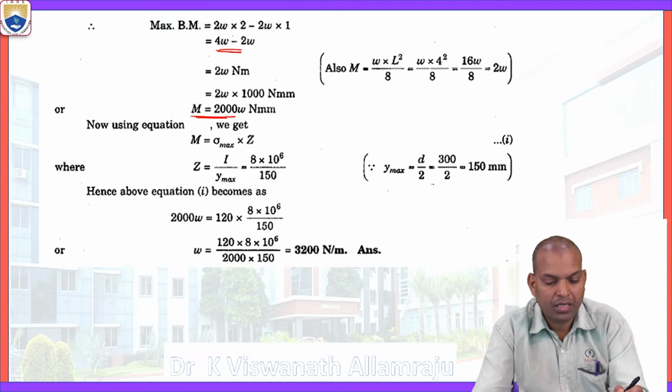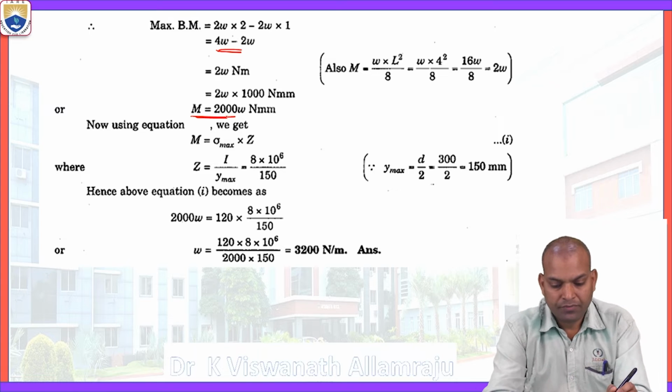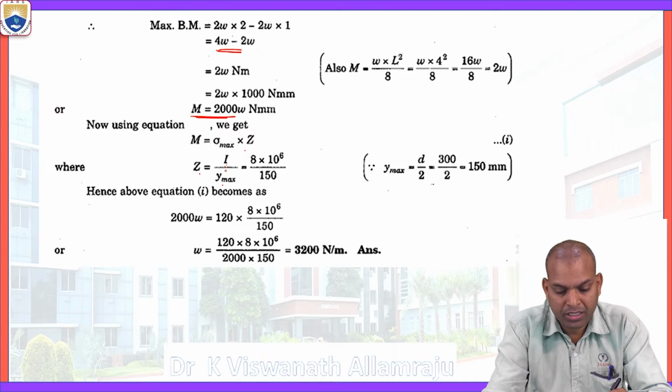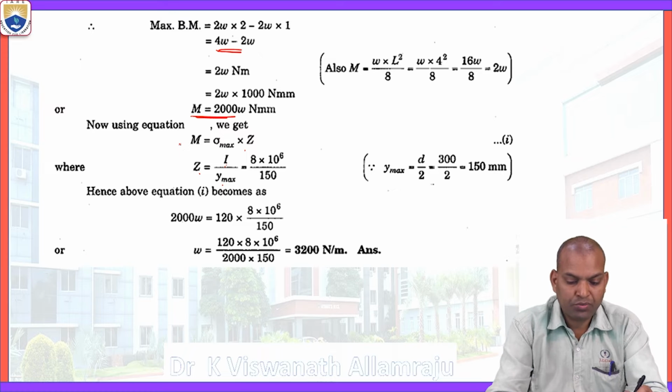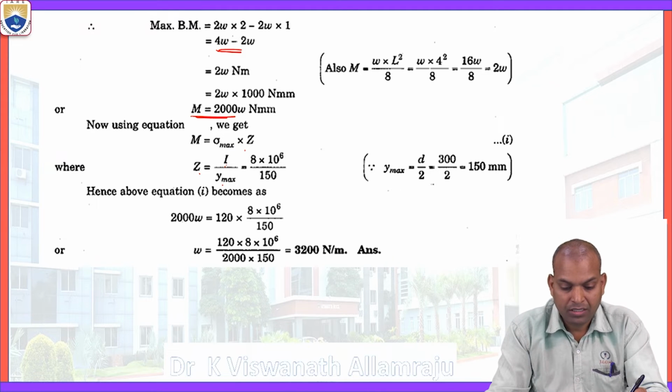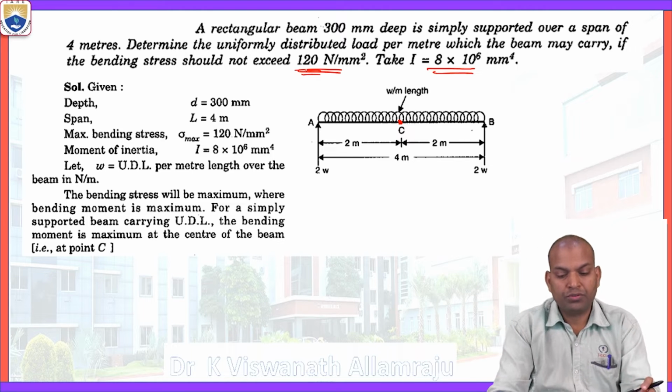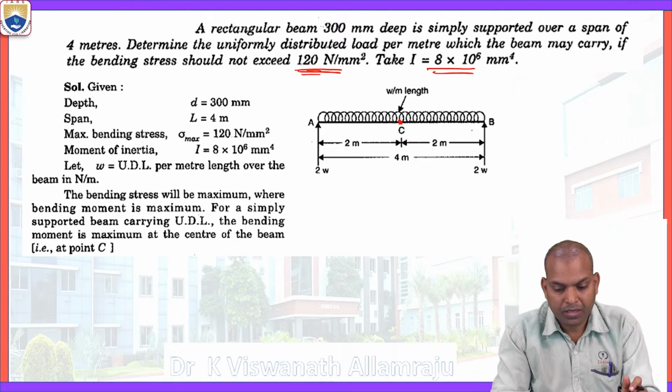This is the M. And we know that M equal to sigma maximum times Z, where Z equal to I by Y max. I, the second moment of area, comes from BD cube by 12. Here it is given as 8 into 10 power 6, and sigma maximum is 120 Newton per square millimeter.